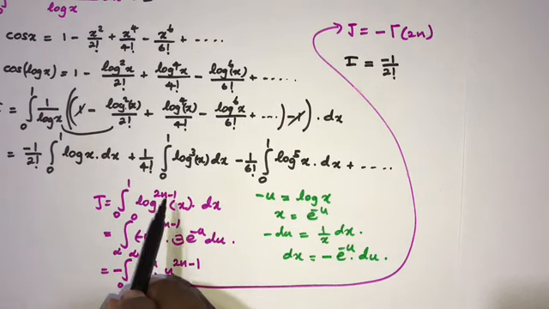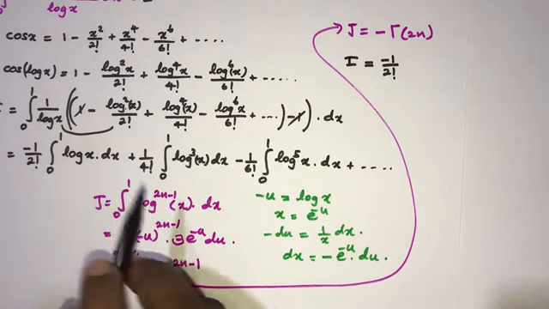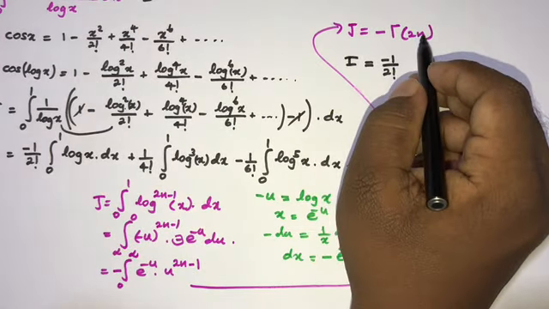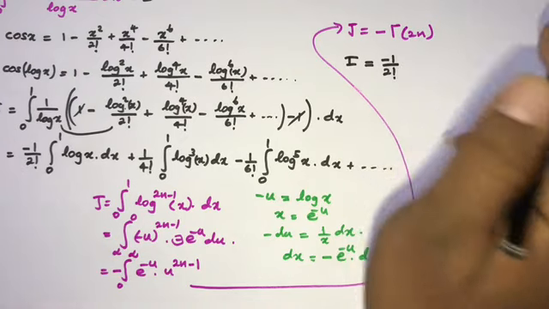If we take n equal to 1, 2 minus 1 is 1, so we have this integral, and the answer is minus gamma of 2.